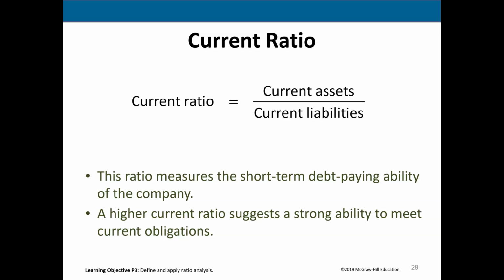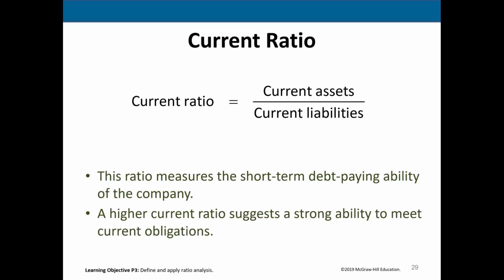So you divide the two, and that's going to tell you whether you have a strong current ratio or not. And if your answer is 1, that basically means you owe $1 and you have $1 to pay. And if it's not cash, it is you have assets that can turn into cash of $1.